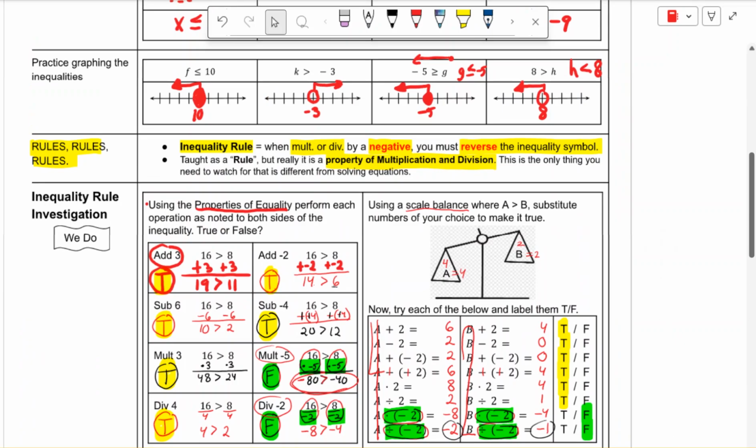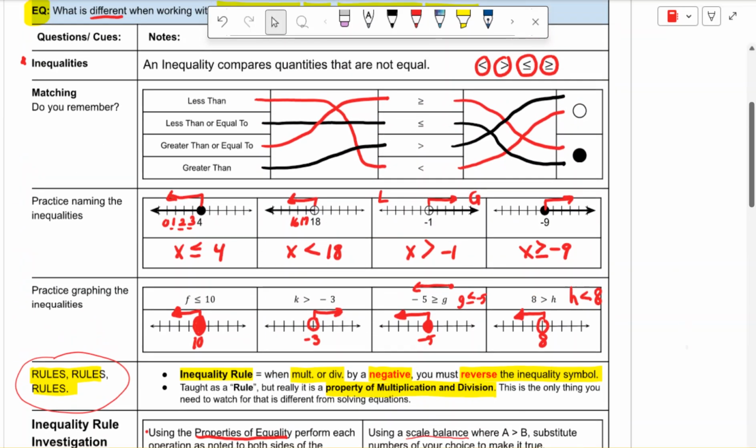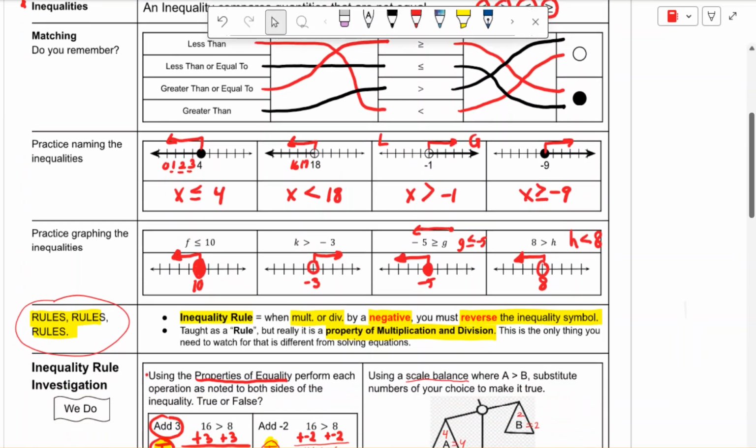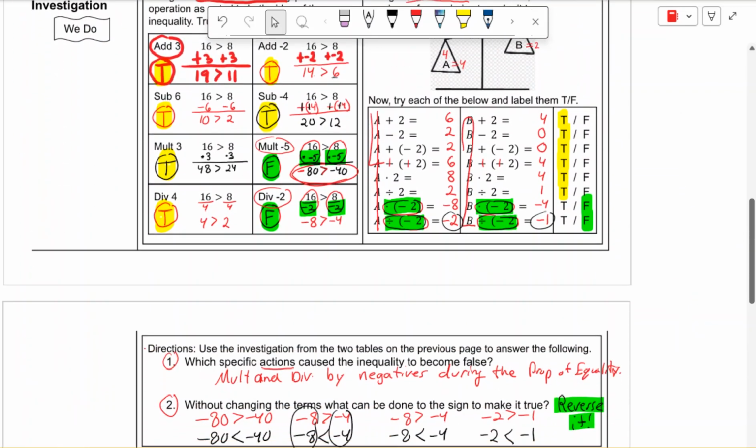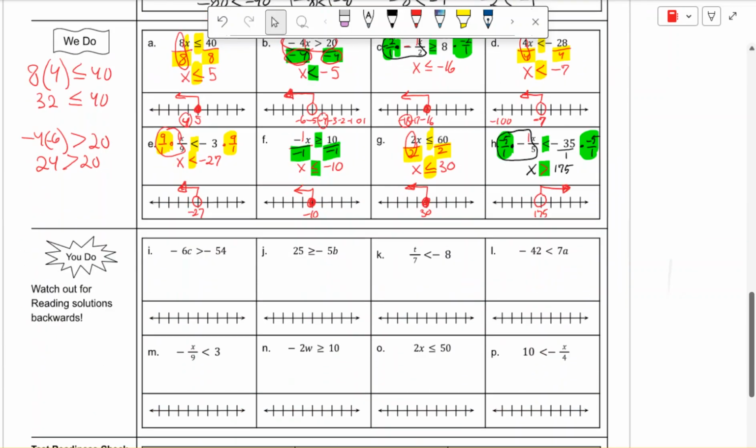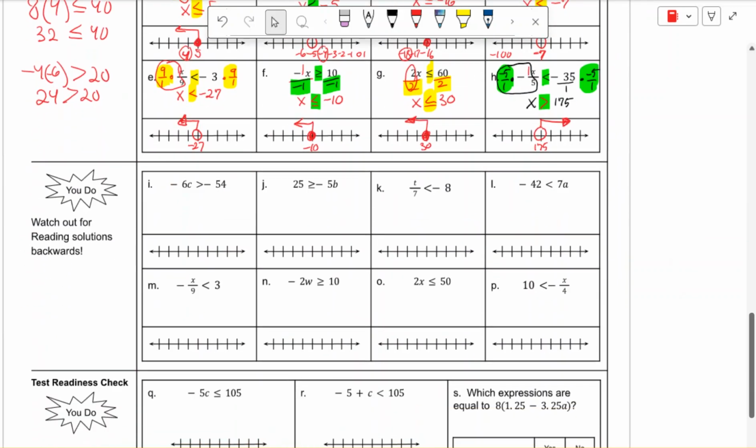You have some rules right up here that are saying all the things that we discovered, and you have some reminders on what the signs mean, how to graph, and how to write an inequality. So there's a lot of tools here you can use as you pause the video and try I and J. Just try I and J. Pause now.